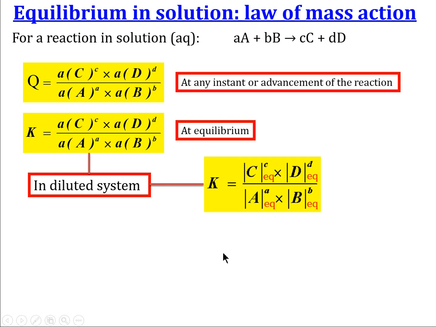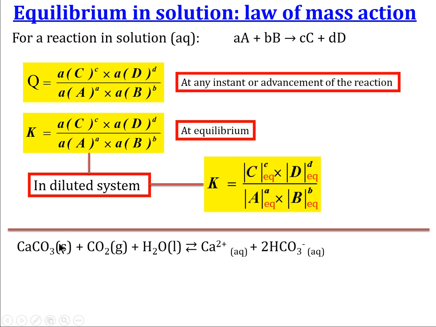according to the stoichiometry. For example, if we have this reaction, first of all, I want to ask if this reaction is homogeneous or heterogeneous. Since we have solid and we have several states, this type of equilibrium is heterogeneous.